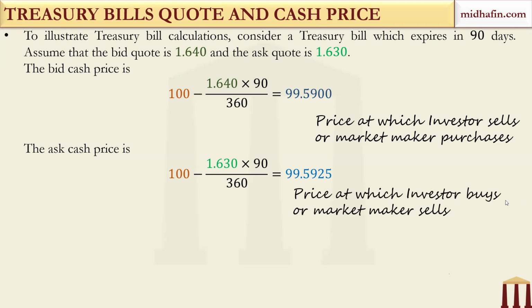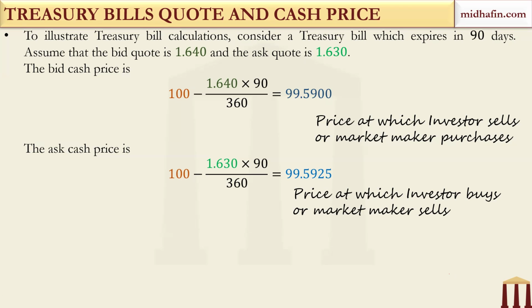Now, the ask price, as I said, is the price at which the investor buys or the market maker sells. These are the conventions that I would recommend you always remember. People get confused about the interpretation of bid and ask, because from one point of view, bid price means selling price, and from another point of view, bid price actually means the purchase price. So you need to understand from whose perspective you are seeing it.